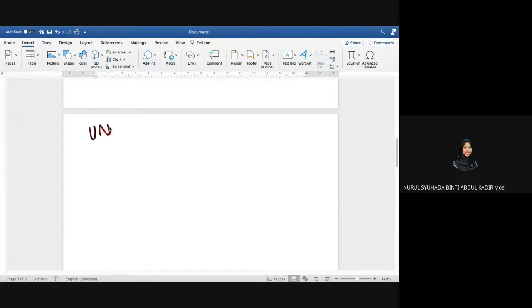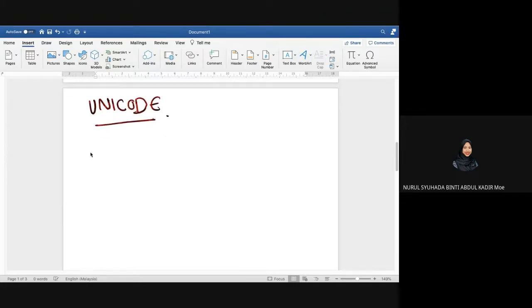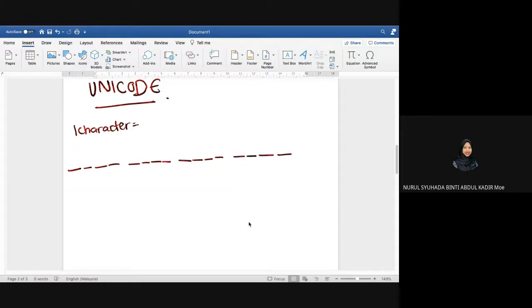So in the Unicode, kita akan gunakan 16 bits. Which means for one character, we're going to have 1, 2, 3, 4, 5, 6, 7, 8, 9, 10, 11, 12, 13, 14, 15, 16. So yes, we're going to have 16 blanks, 16 bits.